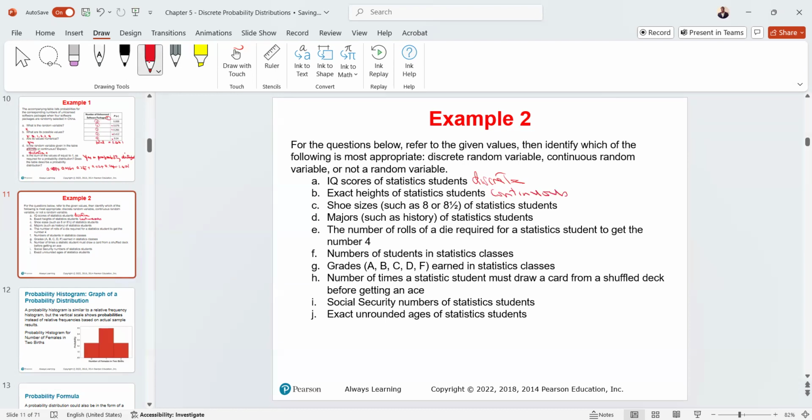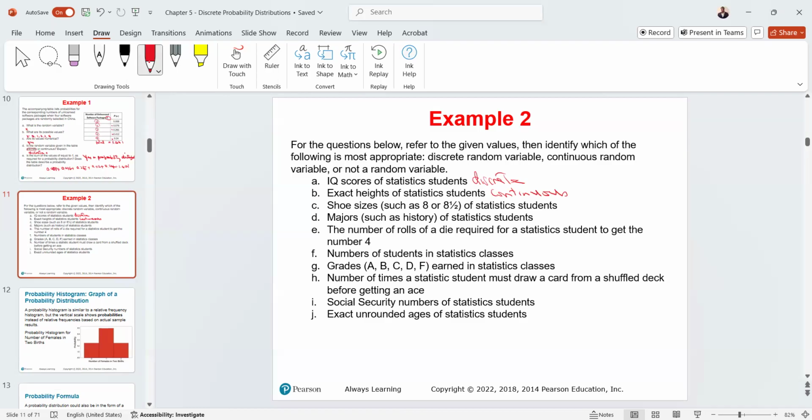Shoe size of statistics students. Even though, in shoe size, you can have 8 or 8.5, at some point it's a definite number, because discrete variables take on specific separate values. You can't have values in between unless explicitly allowed.